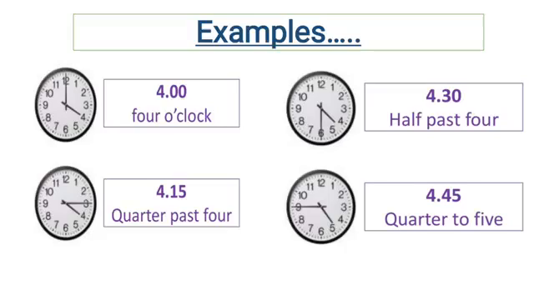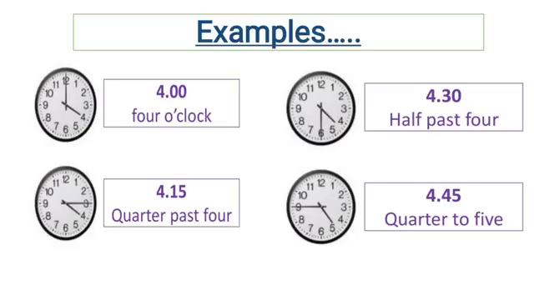Here you see the small hand is on 4, that is the hour hand, and the big hand is on 12, that is the minute hand. So what time do we write? That is 4 o'clock. In the next clock you see the small hand, the hour hand, is a little between 4 and 5, and our minute hand is on 6. So we can read half past 4, and in another way we write 4:30.